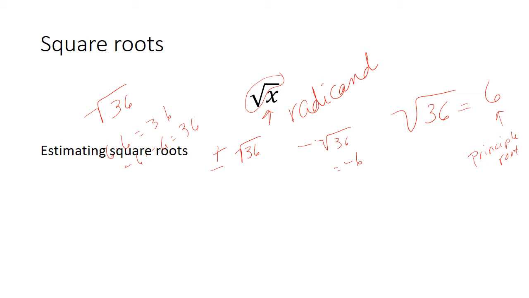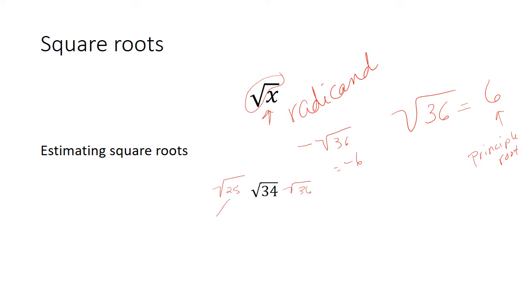For the most part you'll just be using your calculator, but if you ever need to estimate a square root just to get an idea of where it is, and it's one that you don't know already, let's say the square root of 34. That is not a perfect square, but we know that it is between the square root of 25 and the square root of 36.